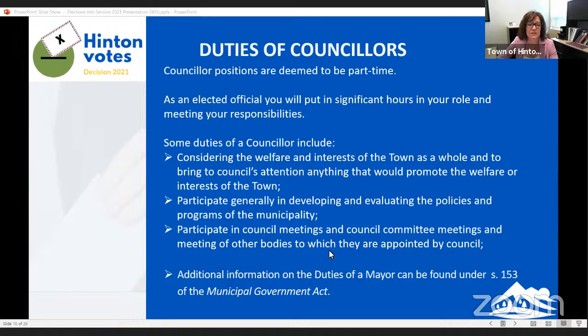Duties of a councillor. Our councillor positions are deemed to be part-time. As an elected official, you'll put in significant hours in your role and meeting your responsibilities.